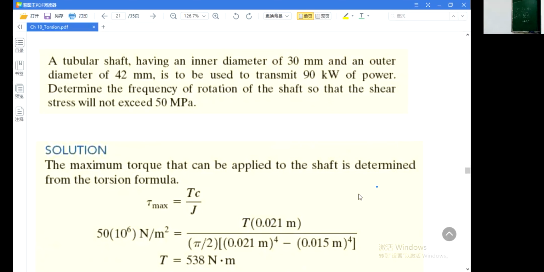Tc over J, where J is half pi times the outer radius to the fourth power minus the inner radius to the fourth power. It means the shaft is the whole shaft.